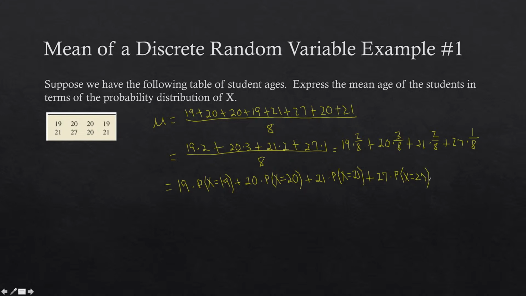Because the probability of x equaling 27 is 1 over 8, the probability of x equaling 19 is 2 over 8, and so on.